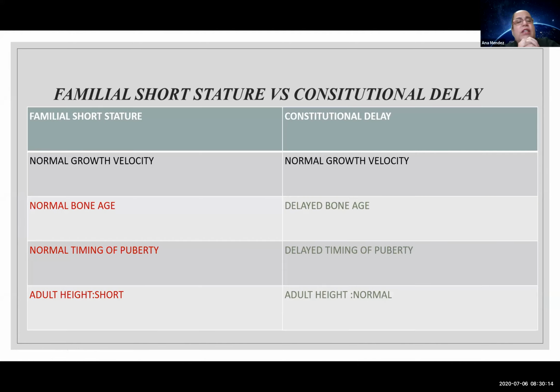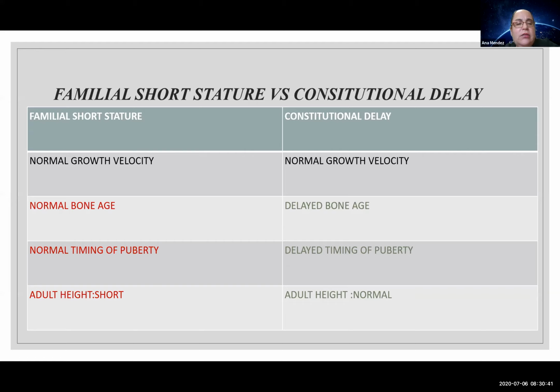In familial short stature, you have normal growth velocity, and in constitutional delay, you also have normal growth velocity. In familial short stature, you have normal bone age. In constitutional delay, you have delayed bone age, so your bones are younger than your age. In familial short stature, you have normal timing of puberty. In constitutional delay, you have delayed timing of puberty, because remember that sexual maturity is correlated with bone age.